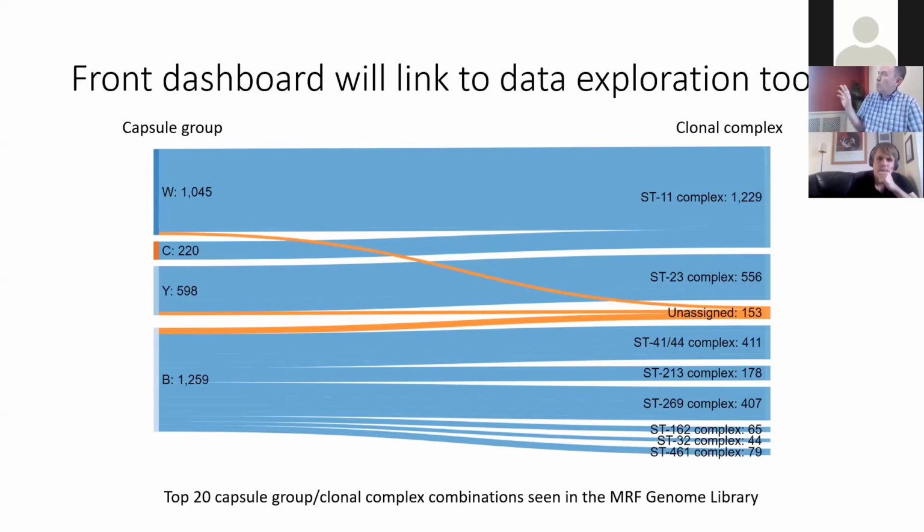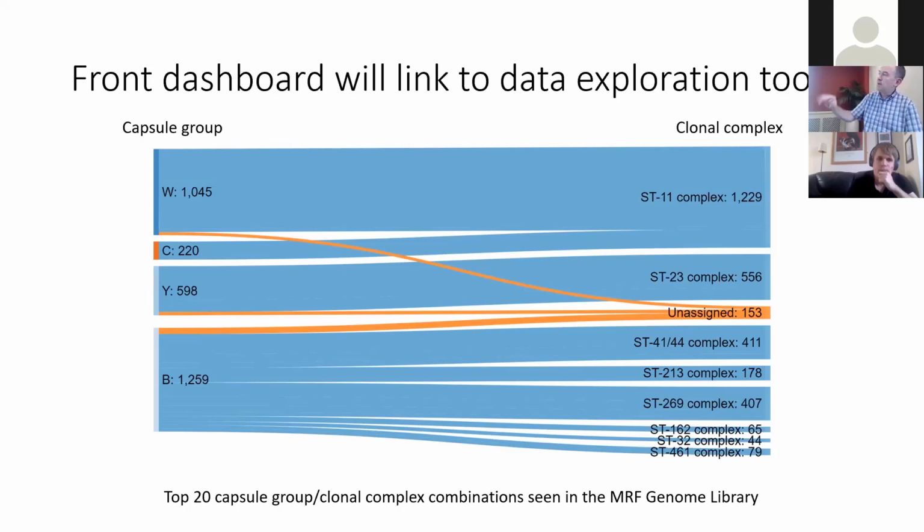But where we're developing this is that from a particular field element, we'll be able to drill down further into the data to explore how that field can link to other fields within the database. So, for instance, you might go from a field that's showing you a breakdown of your capsular group, and you say, well, actually, I'm interested in how that relates to different clonal complexes.